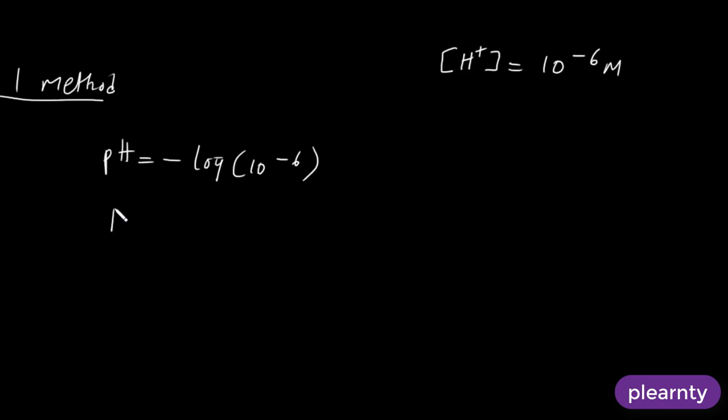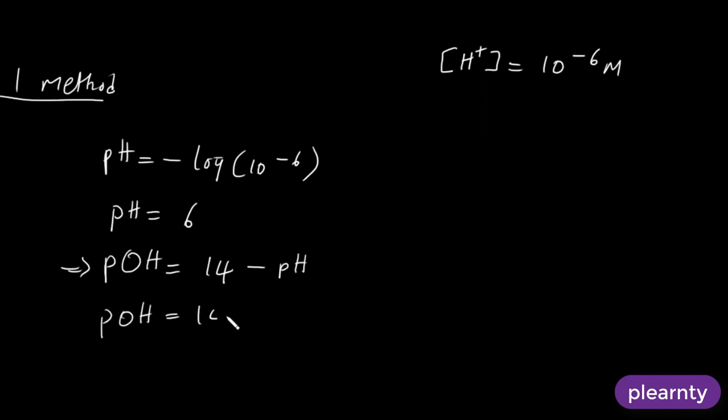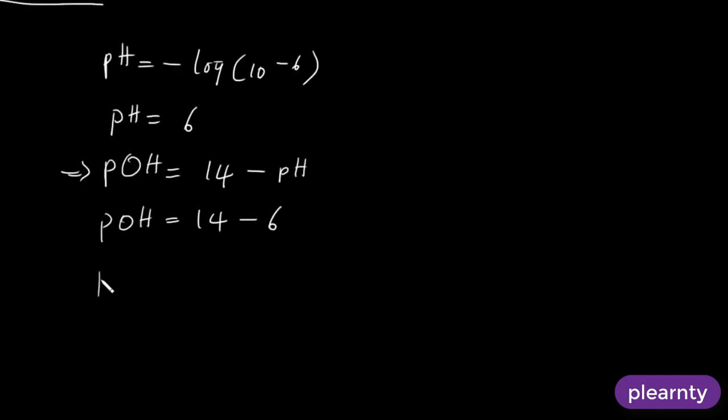So our pH is equal to 6. Then from this we can find our pOH, which is equal to 14 minus pH, and our pH is 6. So pOH is equal to 14 minus 6, and that is 8. So that's our first method.